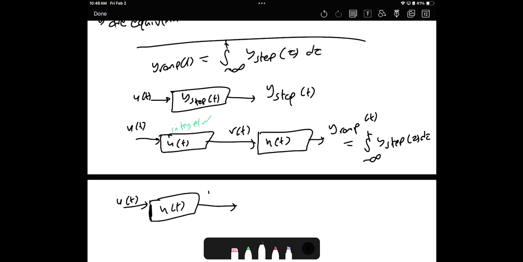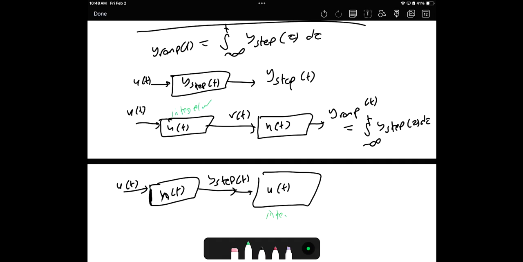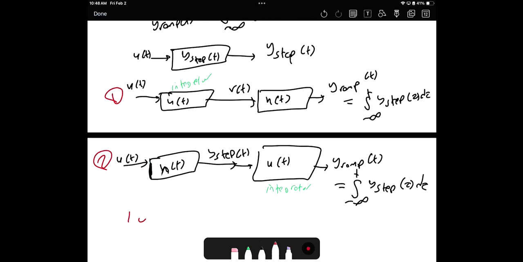So the output will be y step of t. Then we have y step of t with u of t. U of t is an integrator, doing the integration. So the integration of the step is ramp. This yields y ramp. So make sure to understand the concept. It will be the integral from negative infinity to t of y step of tau d tau. This means again, number 1 and number 2 are equivalent to each other.